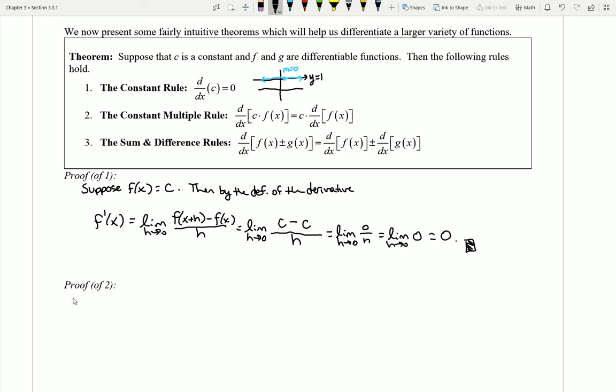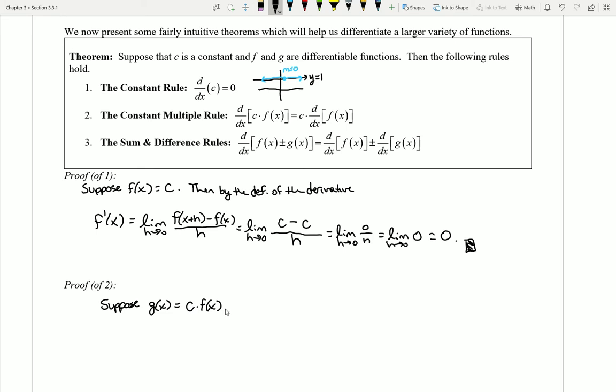Well, let's take a look here at maybe something like number 2. How could I prove that if I wanted to take the derivative of a function like this, that I would actually end up with this as a derivative rule? Well, I'll start by saying, let's suppose that we have a function that looks like c times something else. Okay, so I'm giving this function the name g, and g is constant times some other formula.